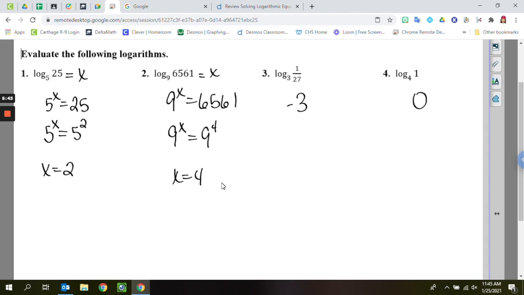So if we were to do number 1 this way, log base 5 of 25 in our calculator will be log of 25 divided by the log of 5. And you should get 2.